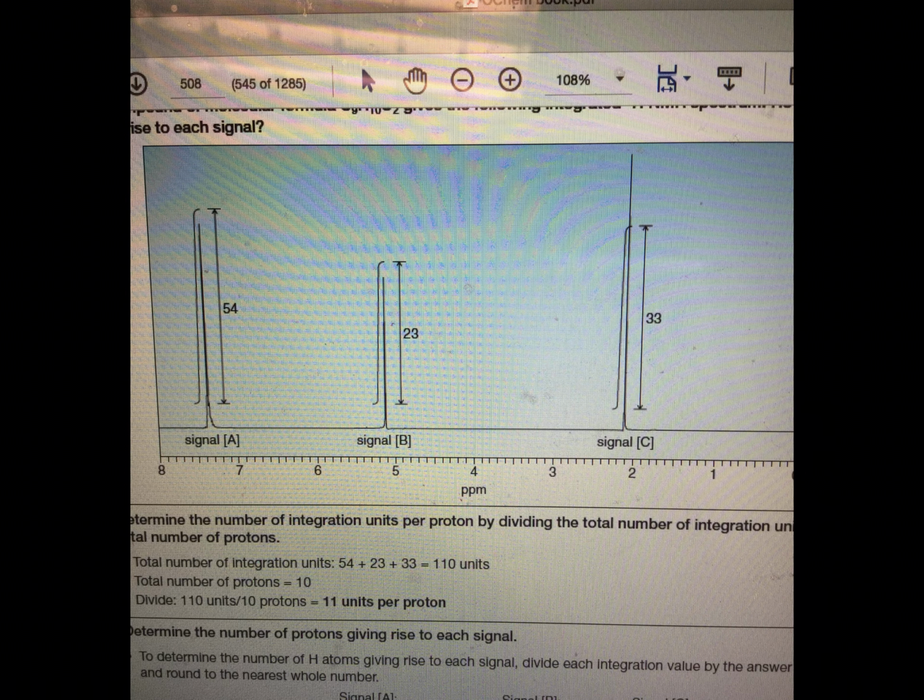The 54, 23, and 33, these are your integration units. So what I'm going to do is show you how to figure out the ratio of protons in a sample given this situation. Here's what you do.